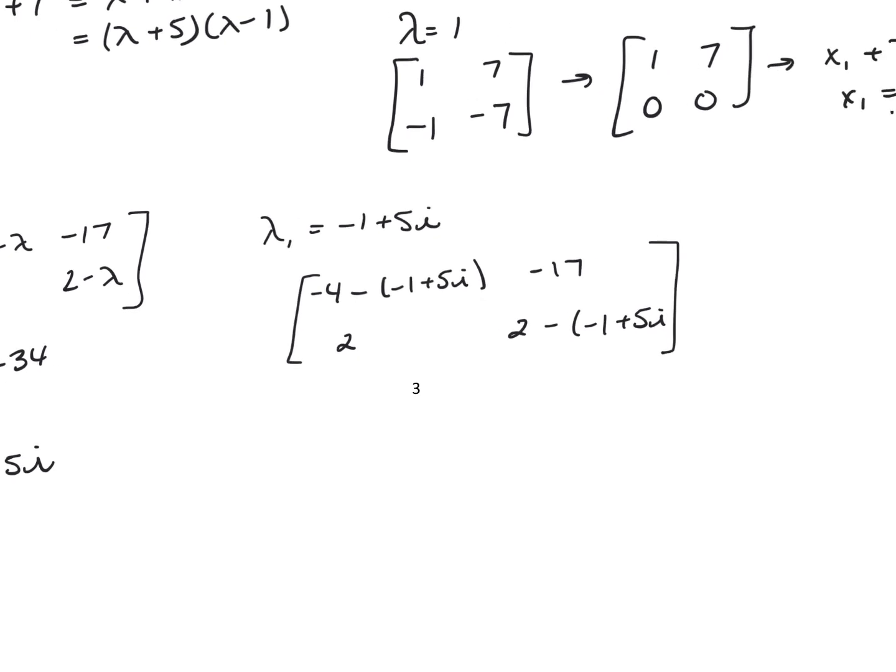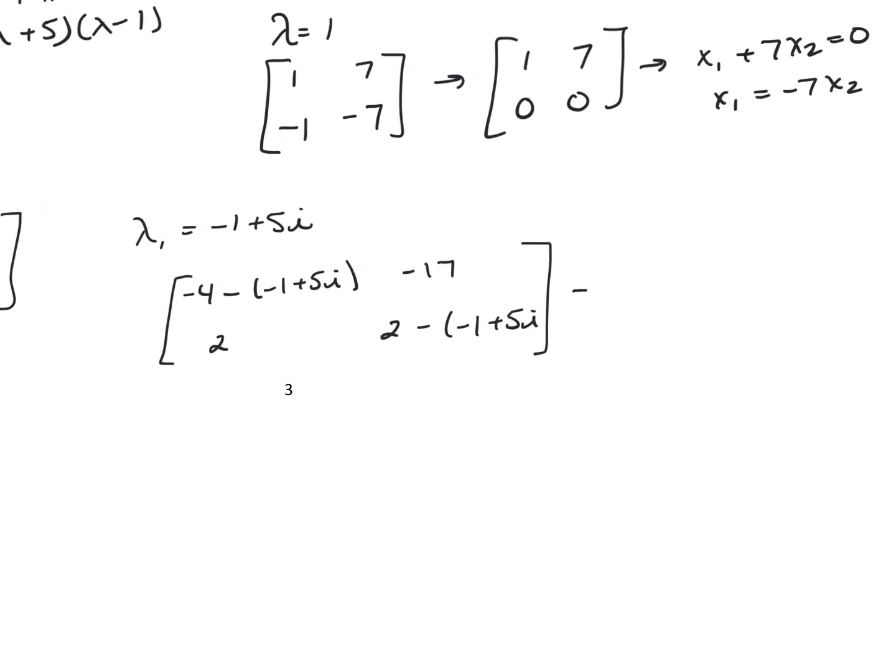Combining like terms, I'm going to get negative 3 minus 5i and negative 17. I'm going to get 2 and then 3 minus 5i.